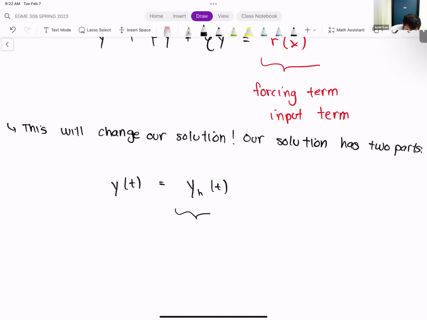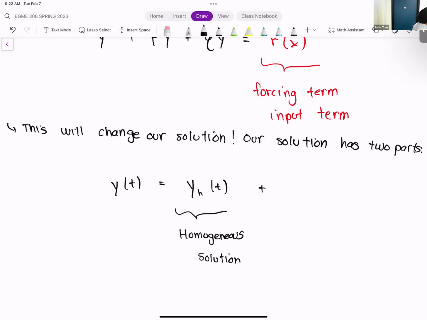The first part I'm going to call yh of t. This yh of t is the solution to the homogeneous part of the equation, so we'll call this the homogeneous solution. The homogeneous solution is basically everything that we've been doing up to this point.